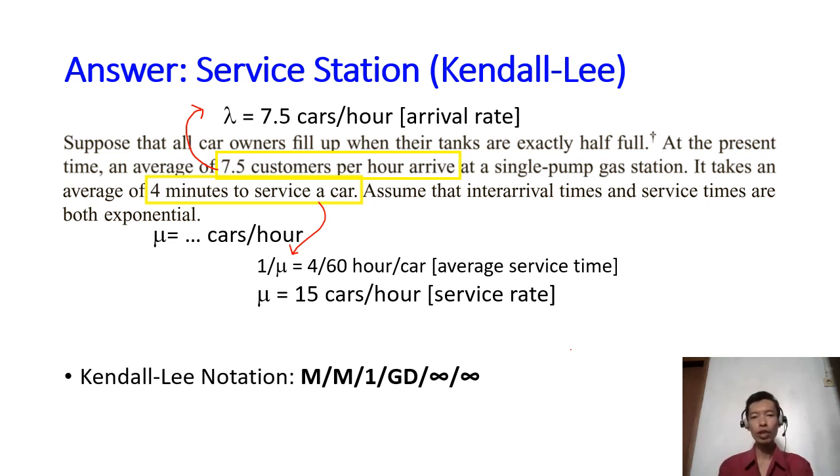We would like to change it into hours, so it becomes 4 over 60 hour per car. This is still the average service time. To convert it into service rate, we just flip it, so it becomes 60 over 4, or 15 cars per hour. So this is mu. It has the same unit as lambda. Finally, we can calculate rho, which equals 1 over 2.